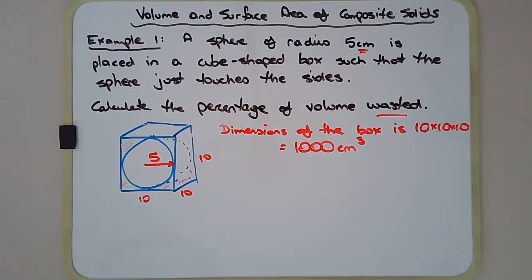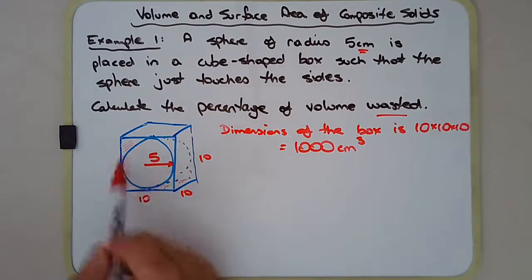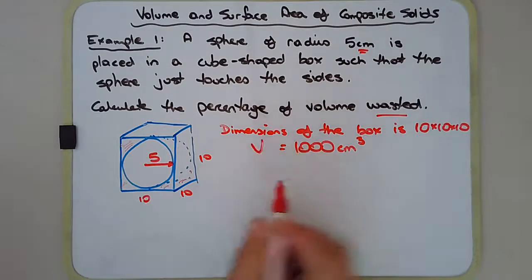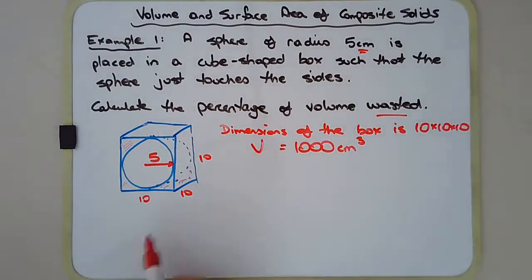We'll just keep it in cubic centimeters. What about the volume of the sphere? The volume of the box is equal to 1,000 cubic centimeters.